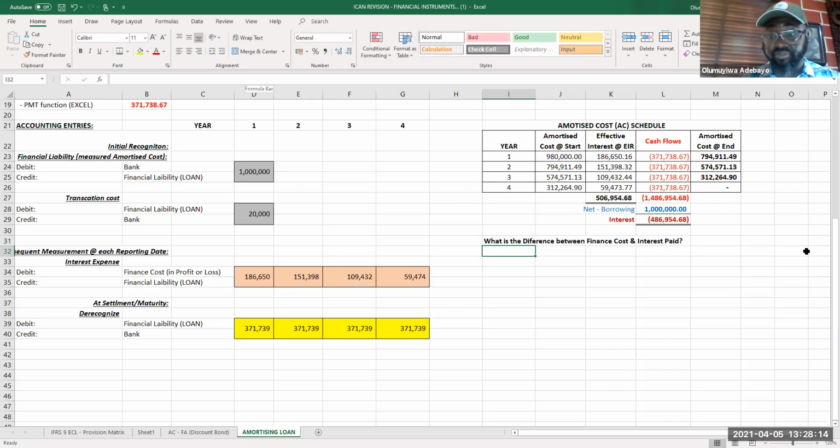The difference between the finance cost and the what? The contractual what? Interest.